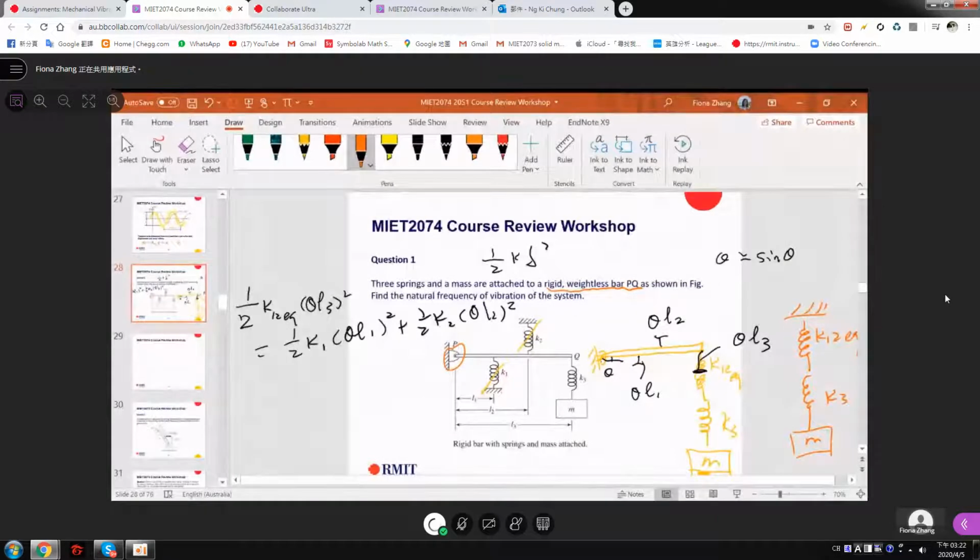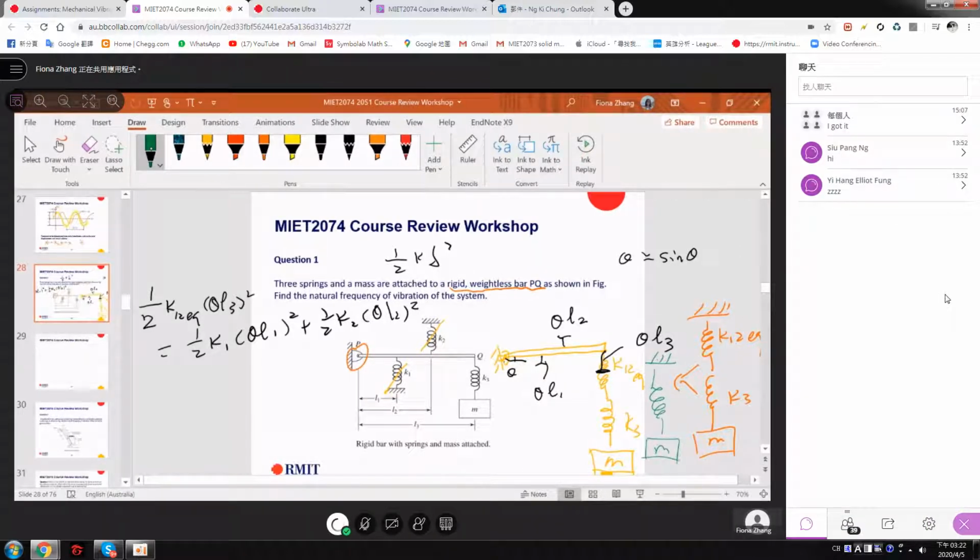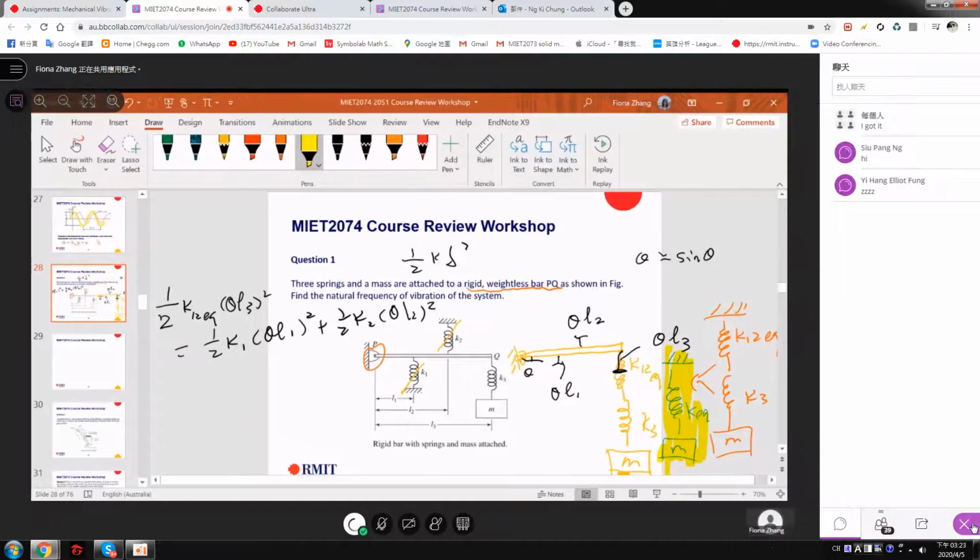We use another spring, in another color, to replace these two. This is K equivalent. Finally we have this simple spring-mass system.